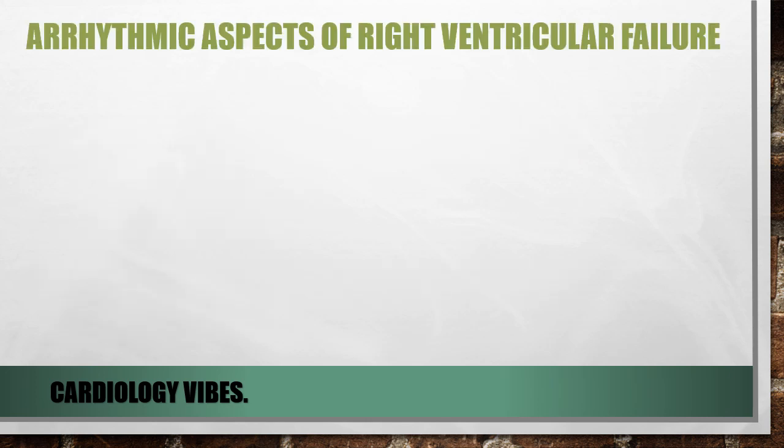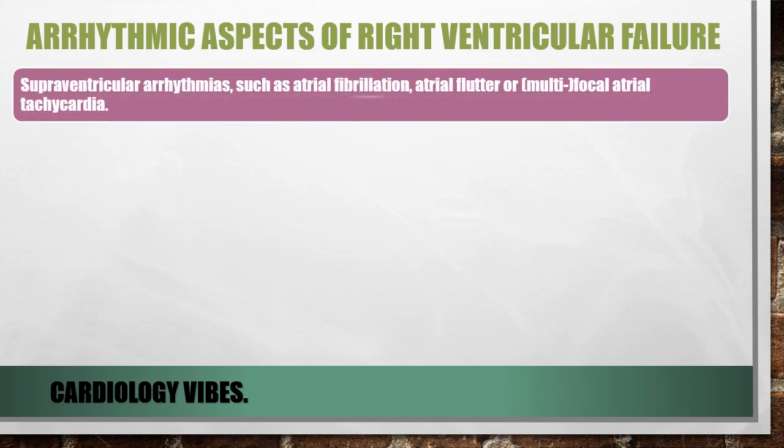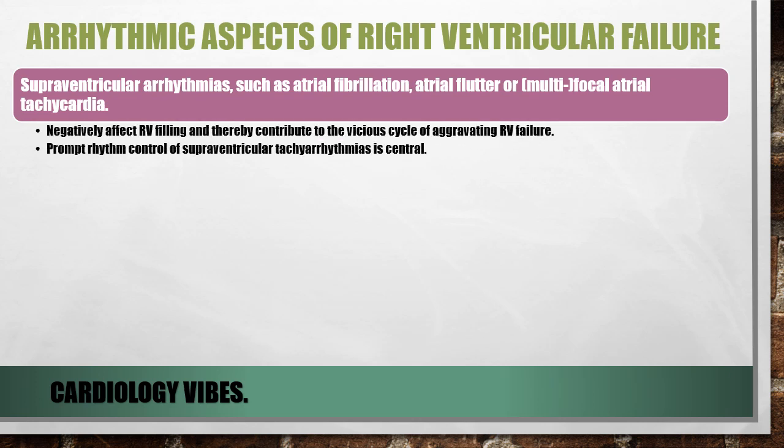Few words about the arrhythmic aspects of right ventricular failure. Supraventricular arrhythmias such as atrial fibrillation, atrial flutter, or multifocal atrial tachycardias are associated with right ventricular failure, and they negatively affect the right ventricular filling and thereby contribute to the vicious cycle of aggravating right ventricular failure.